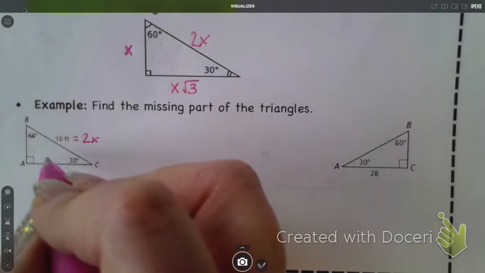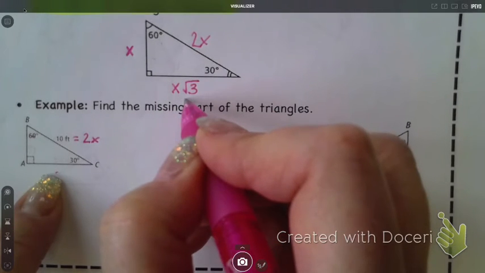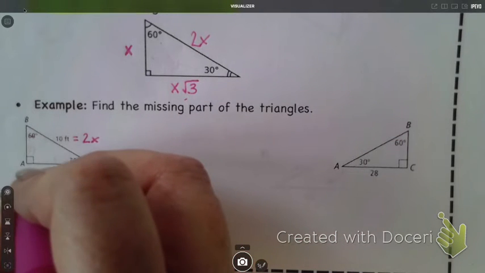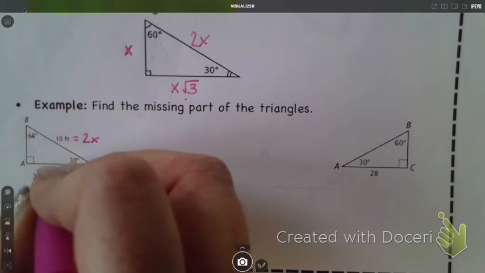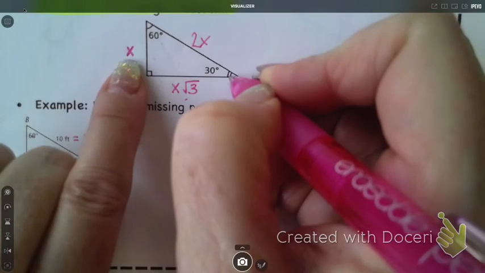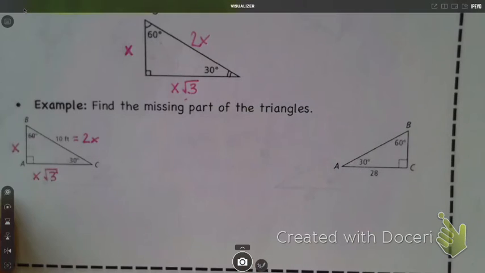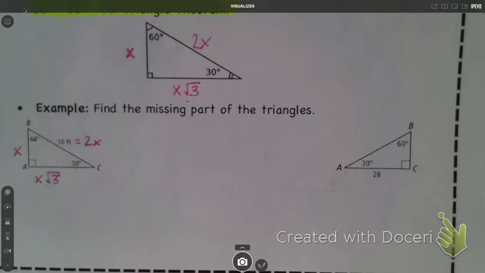Across from 60 is x square root of 3. Across from 30 is x. You see how we're labeling those? Why did you move the x square root of 3?